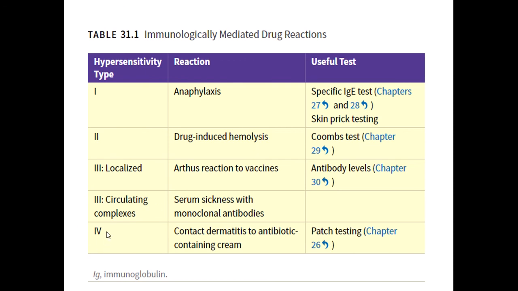And then in type 4 hypersensitivity reaction, we do, like for example, the contact dermatitis to an antibiotic-containing cream, and we do the patch test over the skin to make the diagnosis.